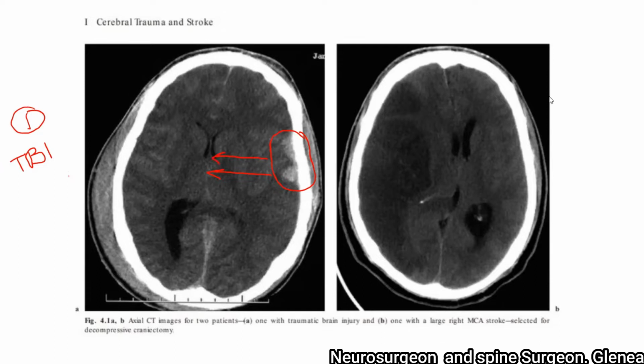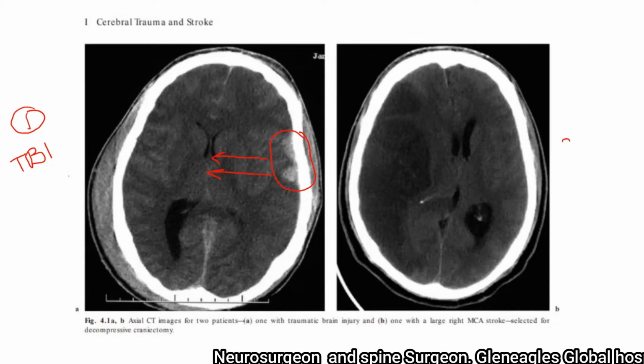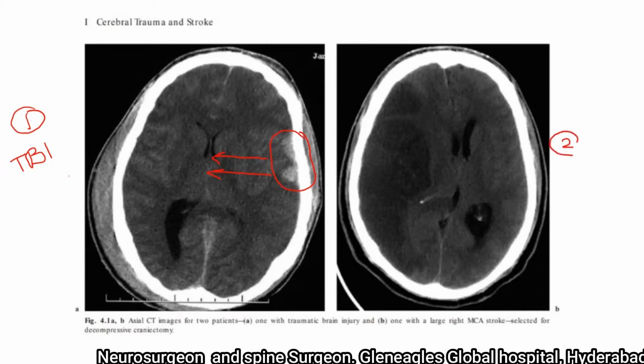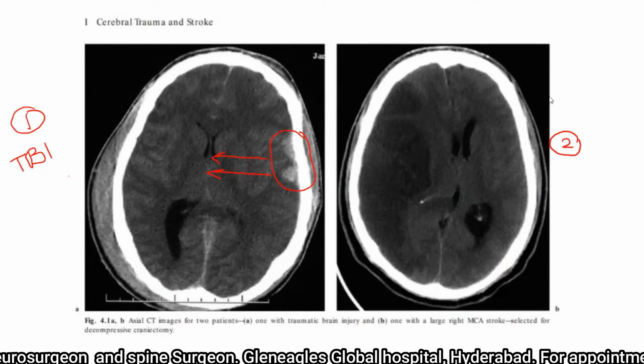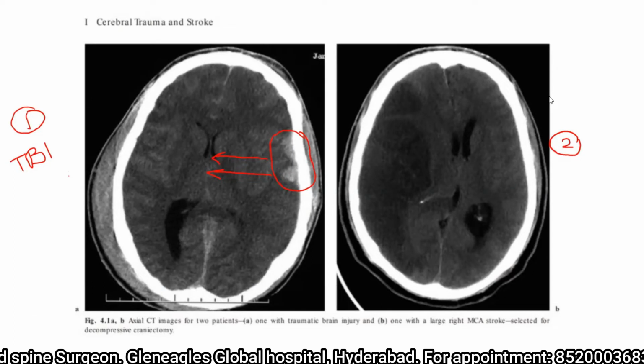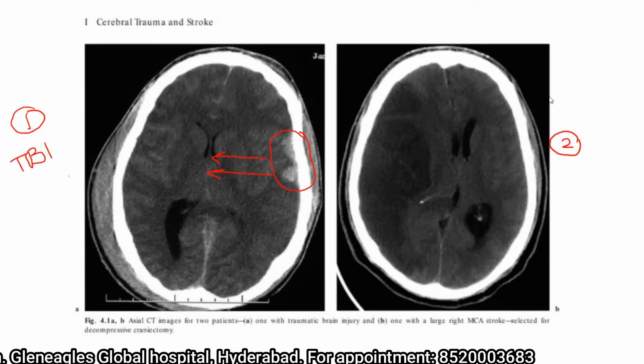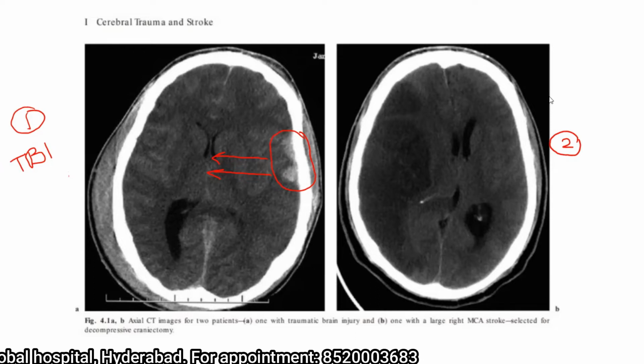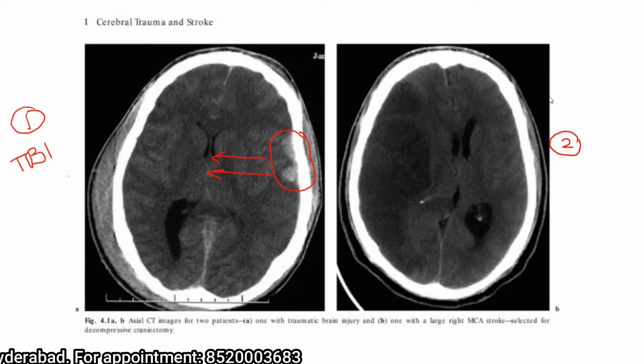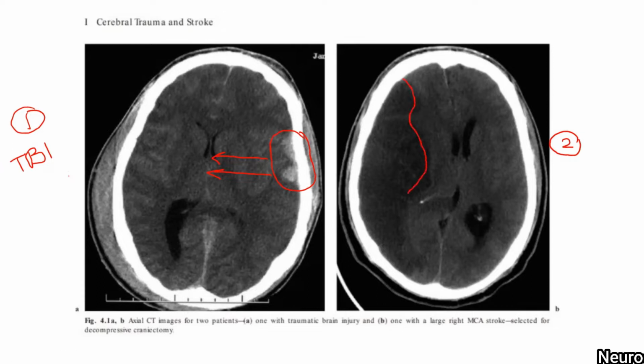The second classical indication is an infarct. It is a stroke. It may be a hemorrhagic infarct, or a bleed, or an ischemic stroke. So here you can see the last picture was a left-sided bleed. Here you can see a right-sided stroke. It's a well-defined infarct in the right-sided territory, frontotemporoparietal region.